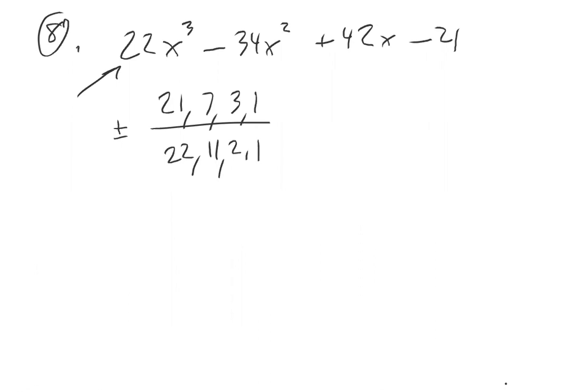So basically it could be 4 different numbers over 22, or 4 different numbers over 11, or 4 different numbers over 2, or 4 different numbers over 1. So there's a lot of combinations that it could be. So pick the answer that lists all those possible combinations. Okay, let's try number 9.